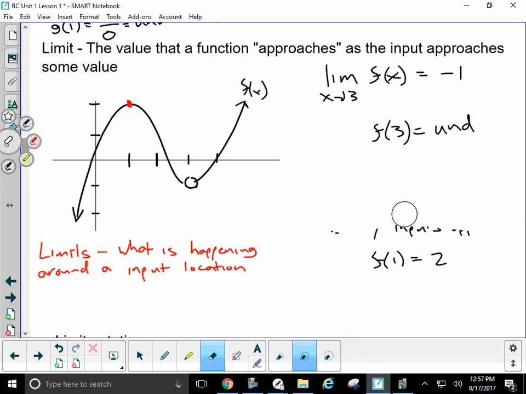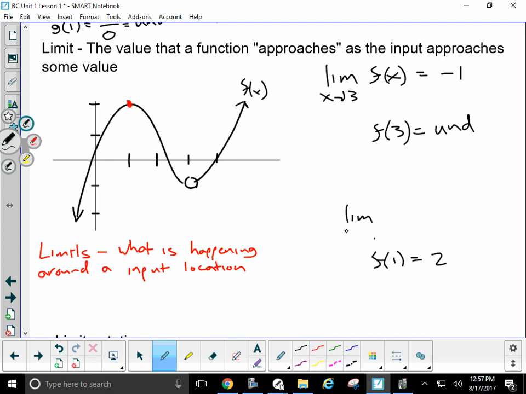Same thing here. In this case, my function value and my limits are agreeing with each other. I do have a function value at 1, 2. f of 1 is equal to 2. But also, my function values are approaching that. I would say the limit as x approaches 1 of f of x equals 2.